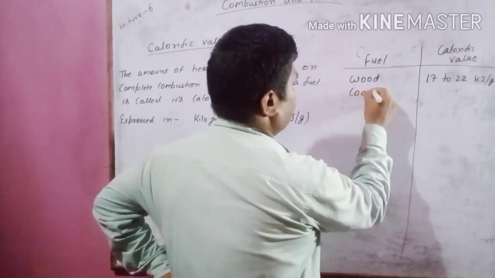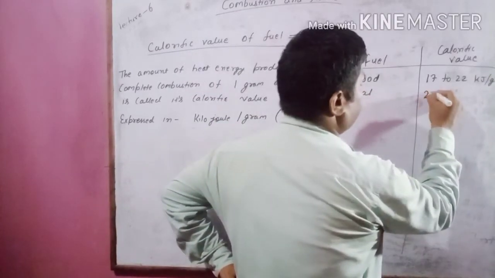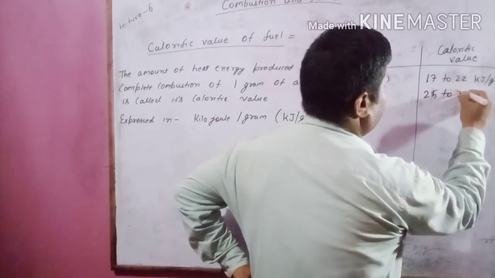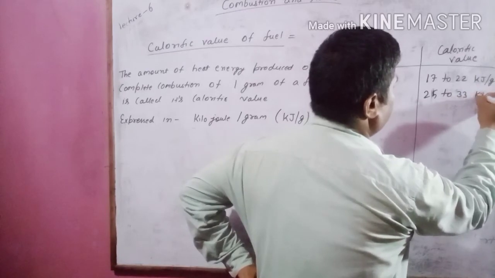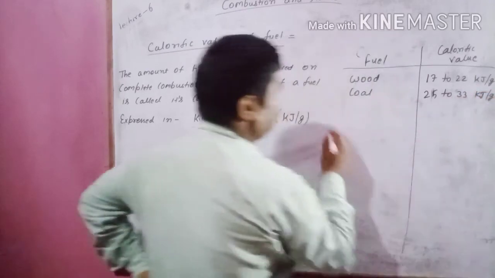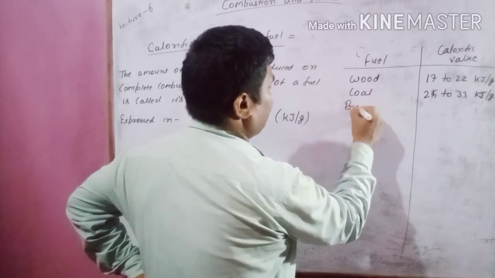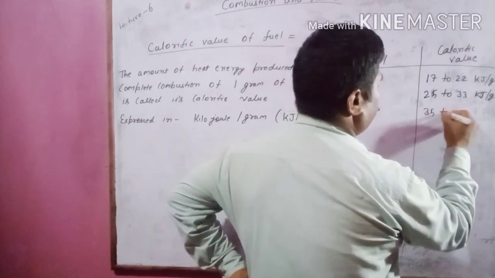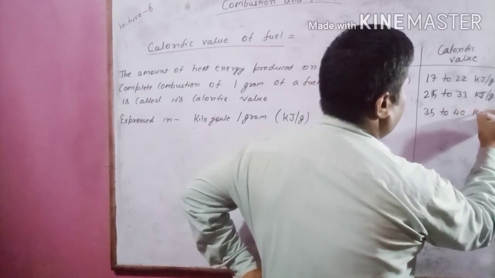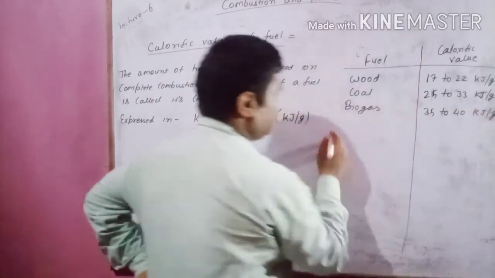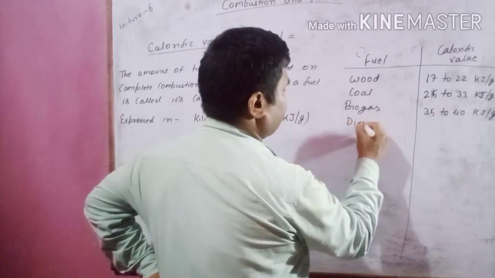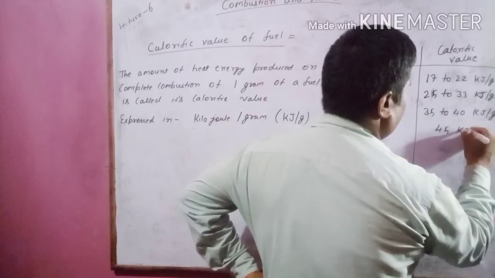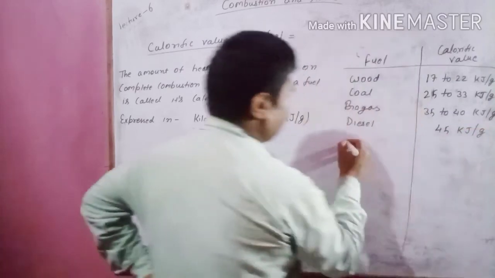Next is coal. It produces 25 to 33 kilojoule per gram. Biogas produces 35 to 40 kilojoule per gram. Next is diesel. It produces 45 kilojoule per gram.